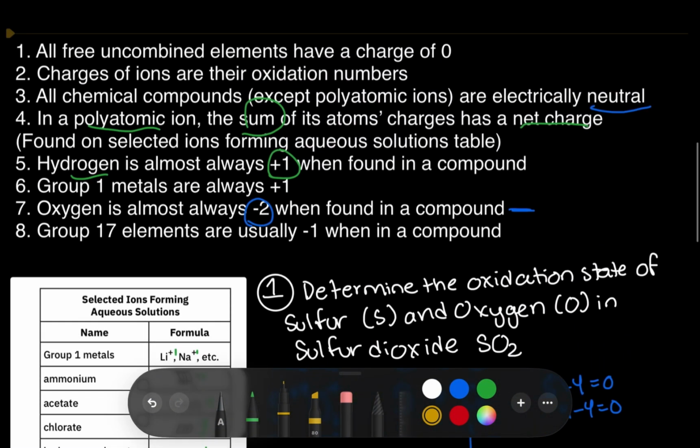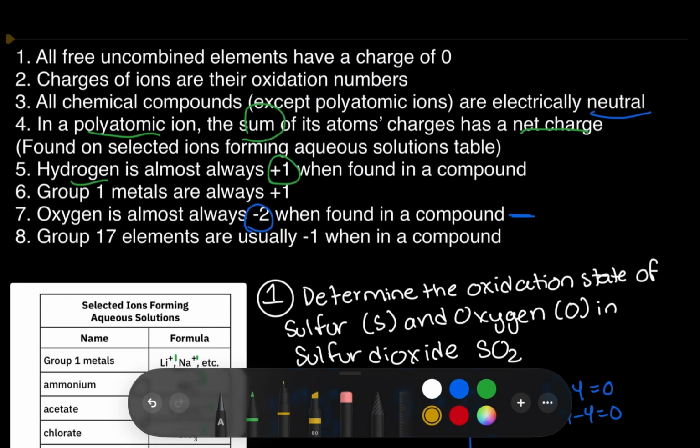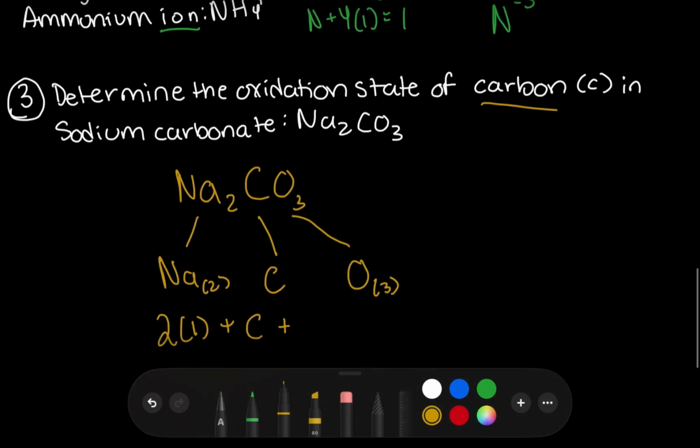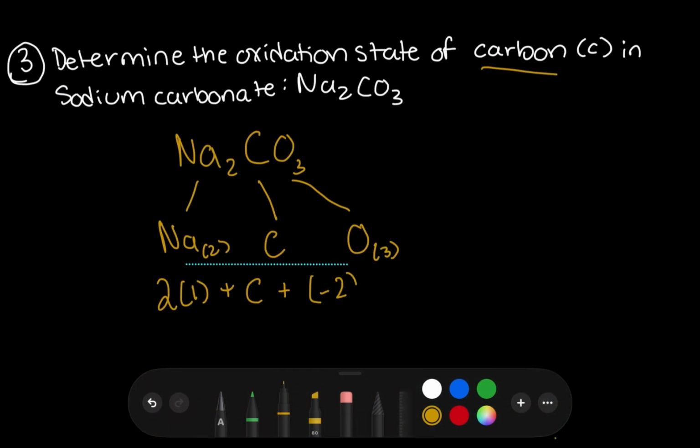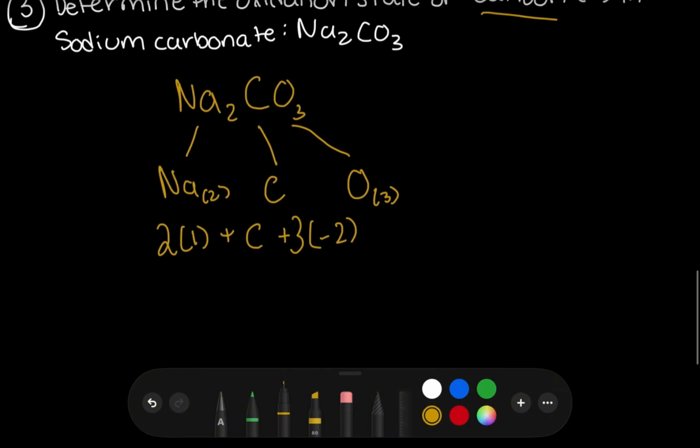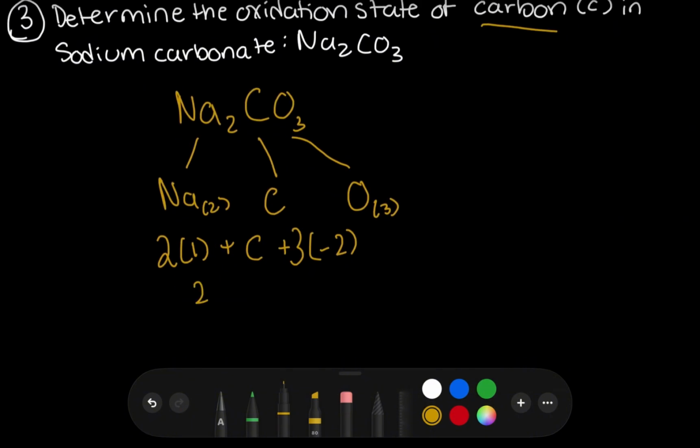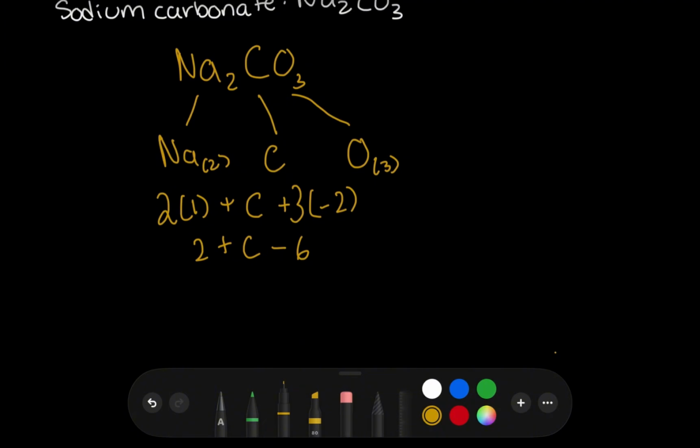And according to rule 7, oxygen is almost always -2 when found in a compound. So we're going to replace oxygen with the -2. And since there's 3 of them, we're going to have a coefficient of 3. So if we simplify this, we have 2 plus C plus, or actually minus 6. And if we simplify this even more, we basically have C minus 4.